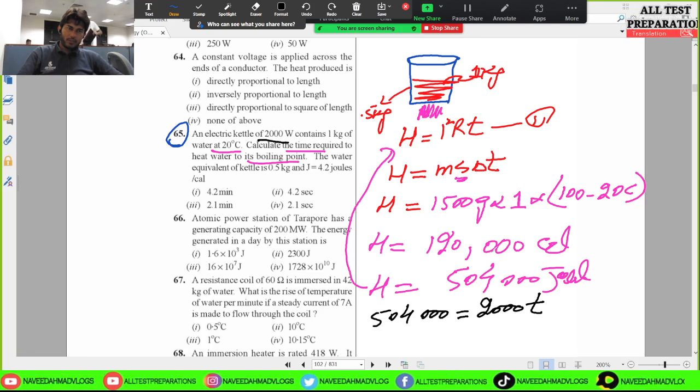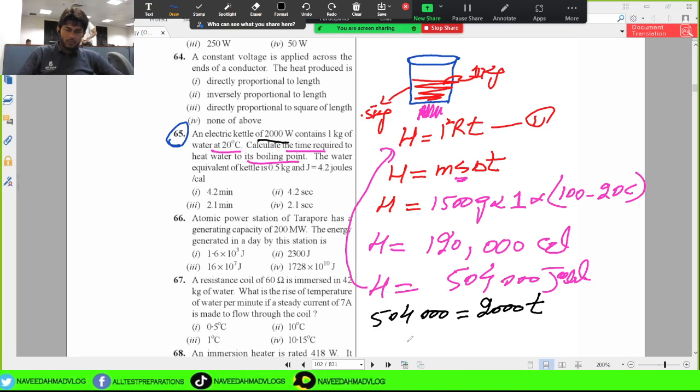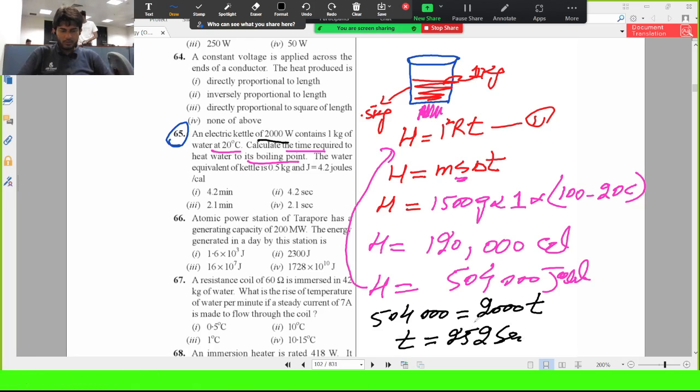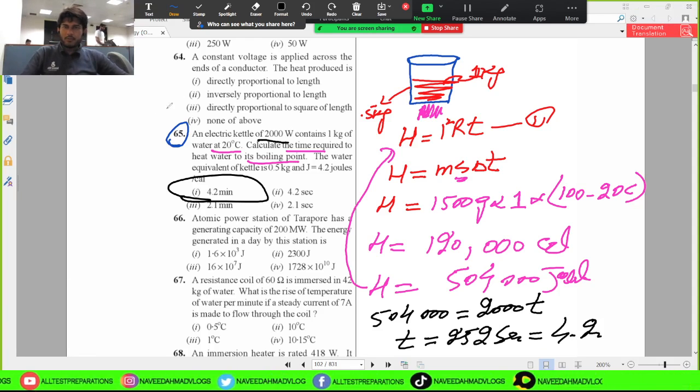This will be in seconds, so you need to convert into minutes, which is equal to 4.2. So 4.2 minutes. So option A will be the correct answer. Yes, that will be the correct answer.